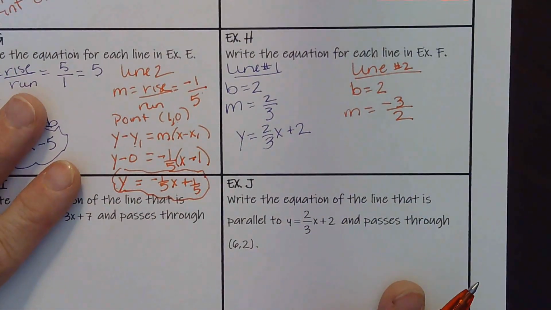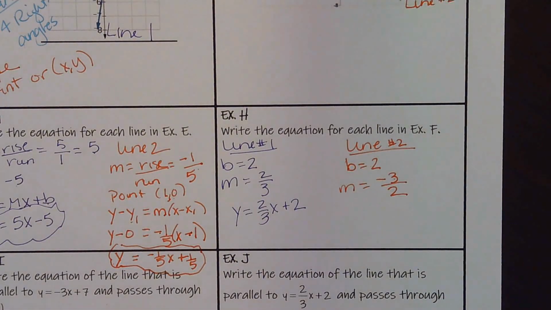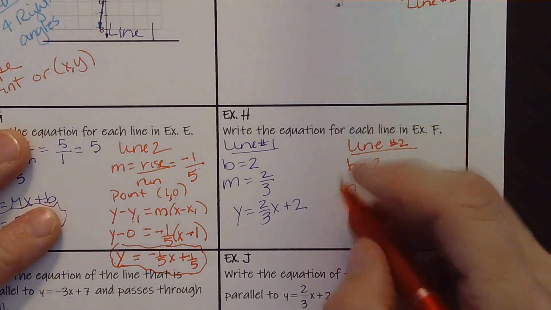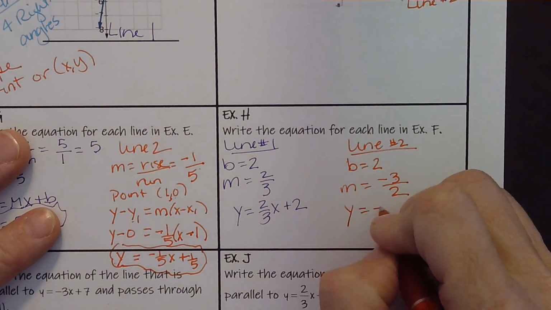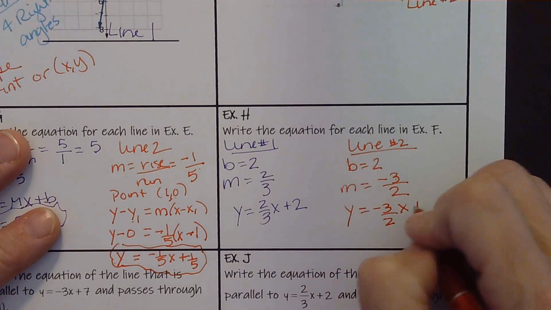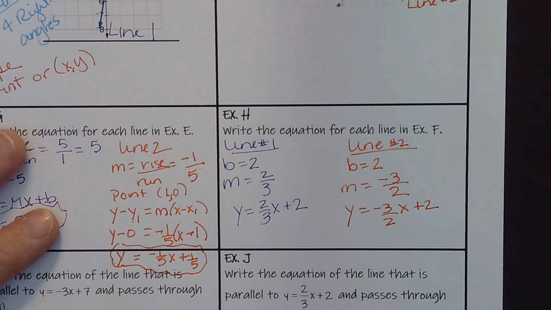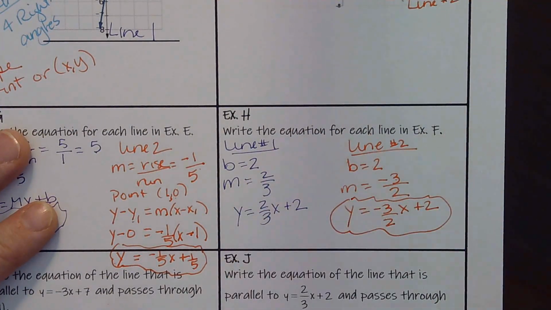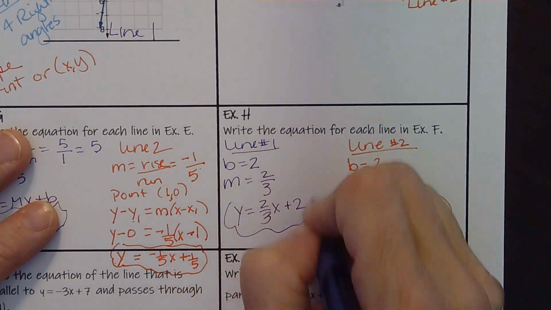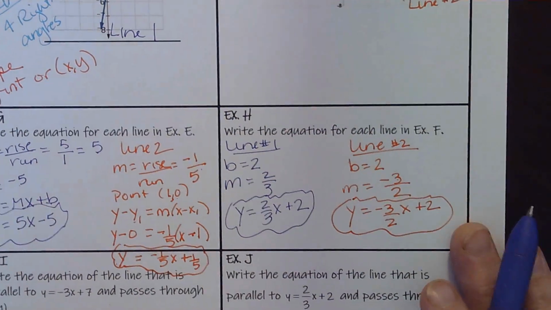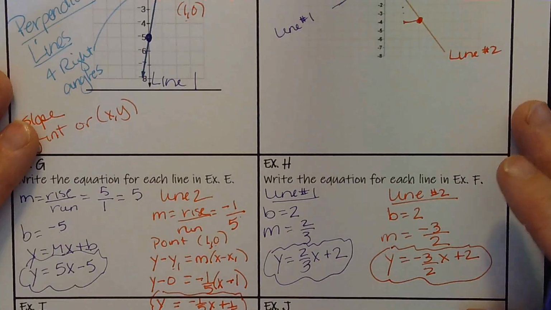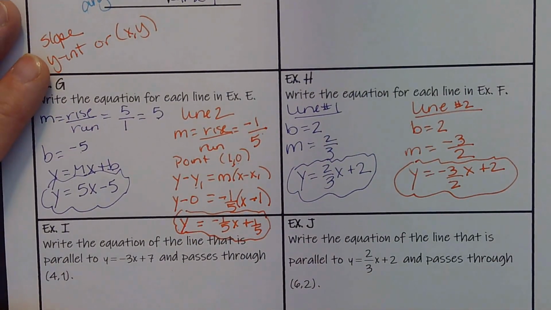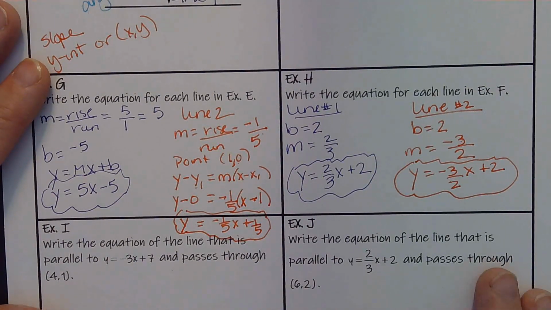So let's look at the equations. We'll write the equations. This will be y equals negative 3/2 x plus 2. So here's our equation for line 2, and here's our equation for line 1. I want us to see what the relationship is between perpendicular lines and their slopes.